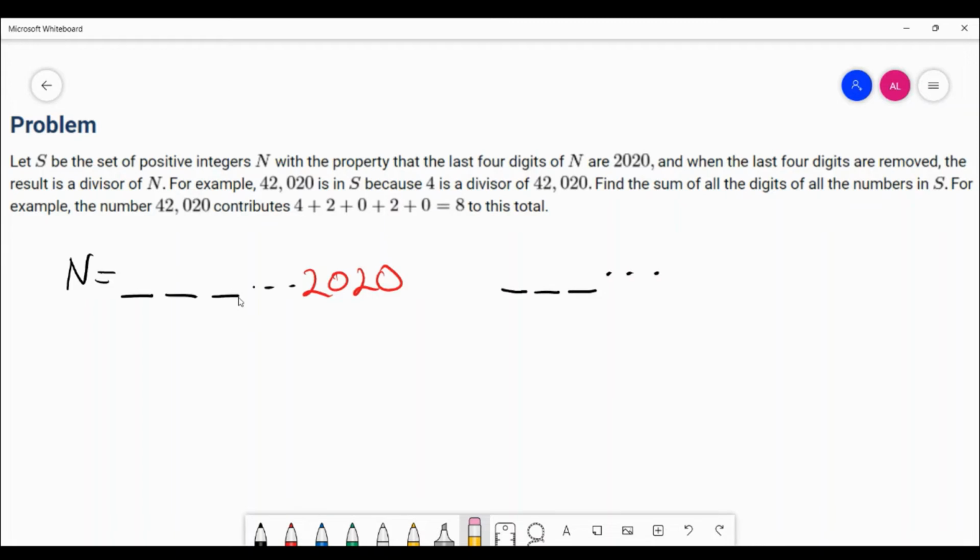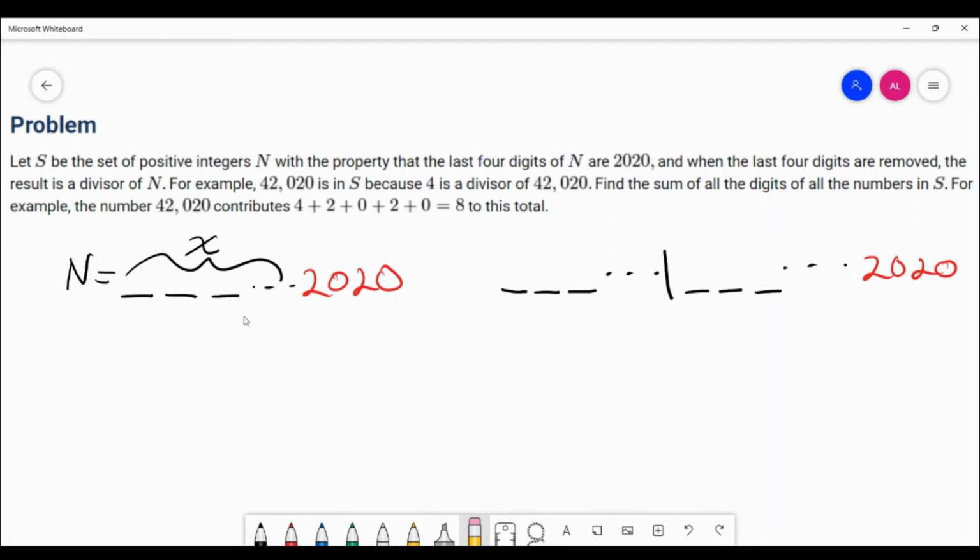And then we also have this property that when the last 4 digits are removed, so we just have this beginning left, the result is a divisor of n. So, for example, they give an example of 42,020 that is in S because 4 divides 2020. So now, find the sum of all digits of all numbers in S, and they give an example of how this can be done.